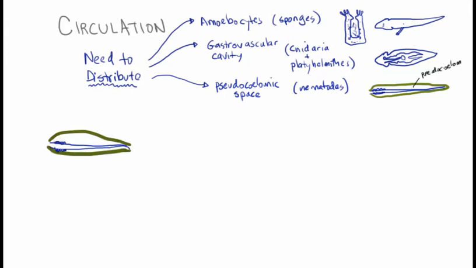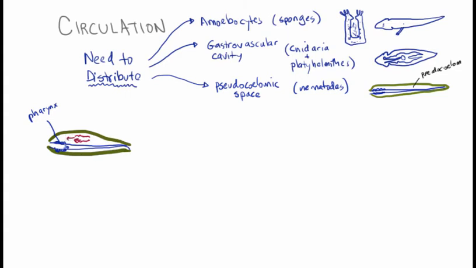Because if we were to start with something like a nematode's body plan, and remember this here is a pharynx, a muscular pump that pushes the animal's food down the digestive tract. It creates positive pressure and results in bulk flow down the remainder of the GI tract. If we were to install some type of secondary pump inside the body cavity, and maybe we'll have another pump, kind of like the pharynx over here, and that pump is going to be circulating, it's going to be pushing coelomic fluid in one direction only.